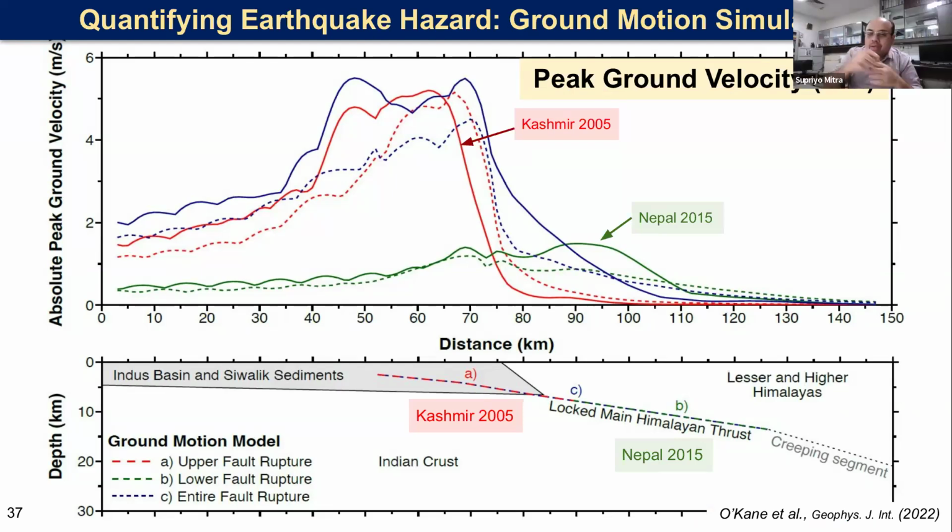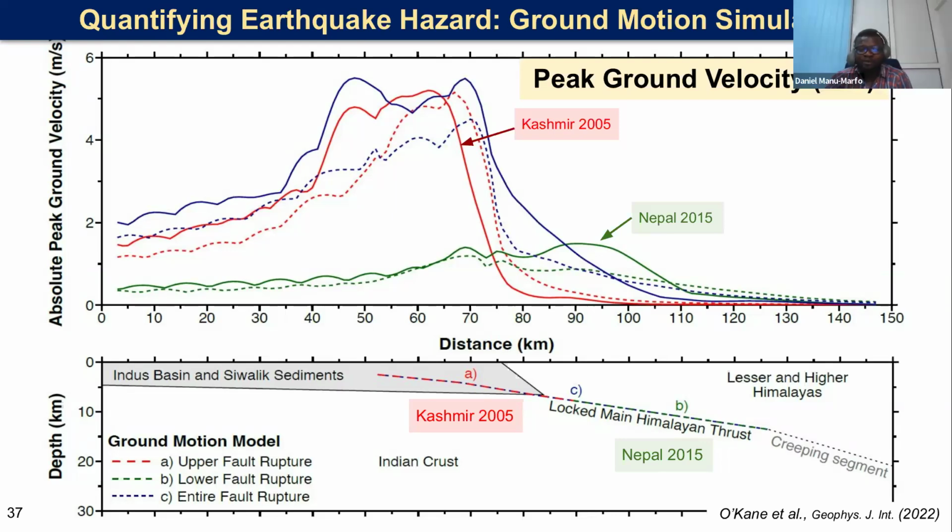No, sorry, I didn't make myself clear. We are showing all the 3 scenarios. What you see in blue is the entire fault rupture. It kind of broadens. The peak ground velocities are similar to the red one, but it's broader, so it encompasses the entire green and the red regions. So the blue one is the entire fault moving. Okay. Thank you.